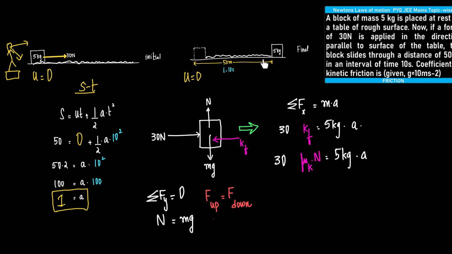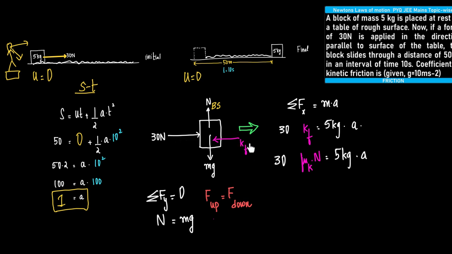And since it is on a surface, this surface will exert a force on the block, which will be the normal reaction on the block due to the surface, right? There is one other force, 30 Newton, which is acting parallel. And since it is moving on a rough surface, we know that force of friction would act opposing the force, sorry, the force which is causing the motion.